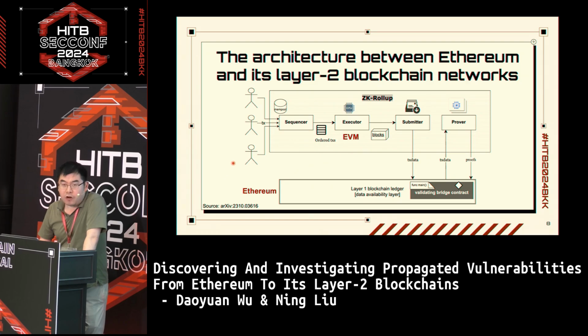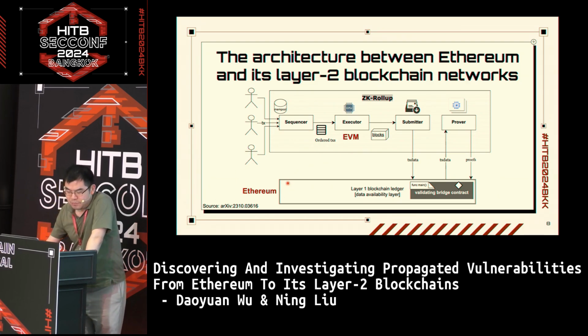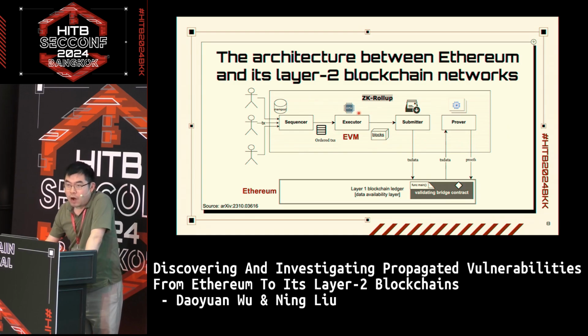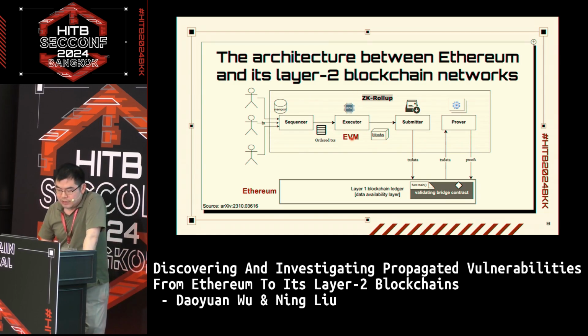From the user's perspective, previously they would send the transaction directly to Ethereum, but now they only use the layer 2 network to send the transaction, and the sequencer will order these transactions and run them in the layer 2 network's executor, which is very similar to the Ethereum virtual machine.